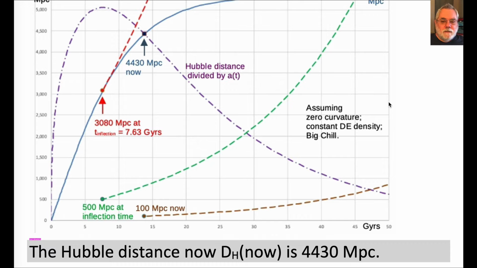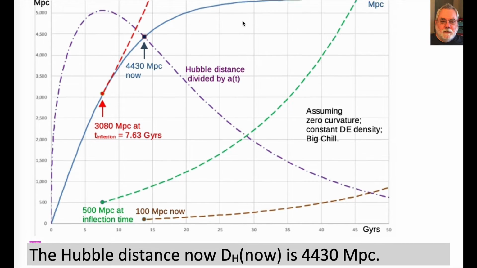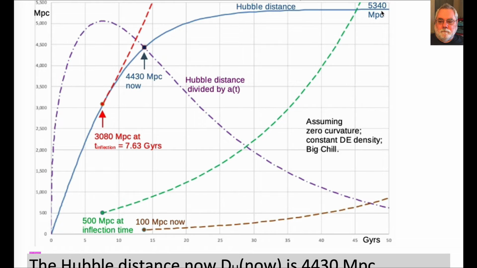The Hubble distance now is 4430 megaparsecs. This is the dark blue square on the blue curve. The Hubble distance increases with time for the restrictions we have set. For constant dark energy density, the Hubble distance will tend to a fixed positive value at infinite scale factor and time.